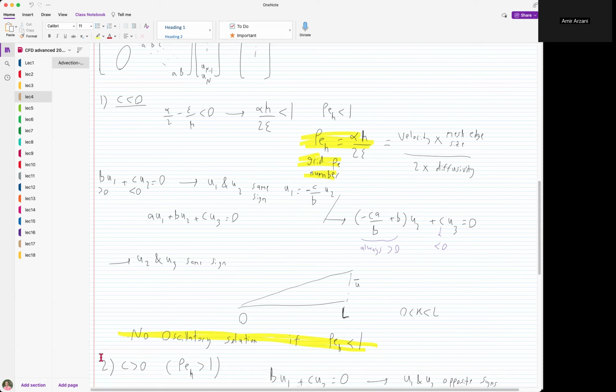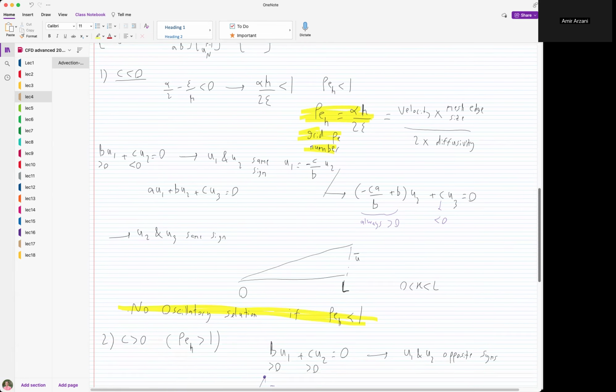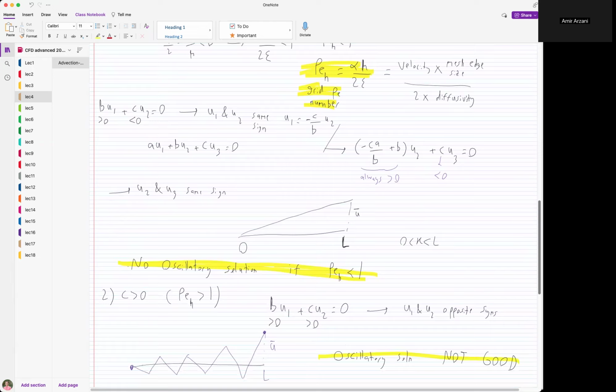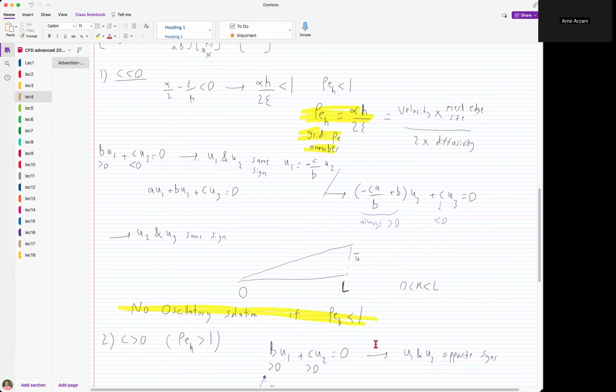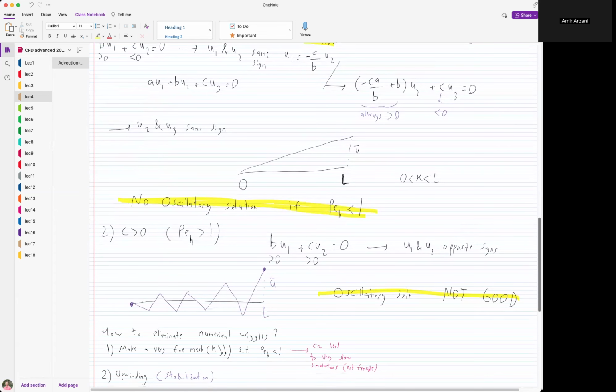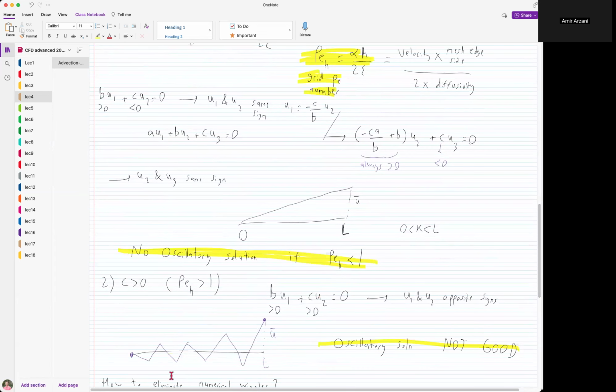Now, what if C is positive, meaning that the grid Peclet number is greater than 1? In that case, if I go back and do the same analysis, what I'm going to see is that now C is positive, U1 and U2 have opposite signs. And I can confirm that this happens throughout. So as I move from left to right on my mesh, I get these oscillatory solutions. And this oscillatory solution is not good.